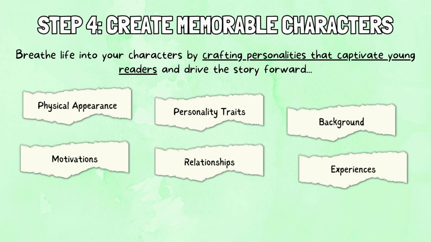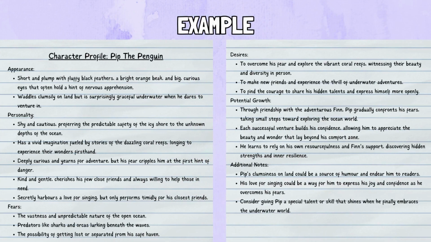By focusing on their inner struggles and triumphs, you'll create characters that stay with your readers long after they turn the last page. Here is an example character profile for Pip the penguin, the main character in our picture book. By developing Pip's personality, fears, and desires, we can create a relatable and endearing character whose journey of overcoming fear will resonate with young readers.